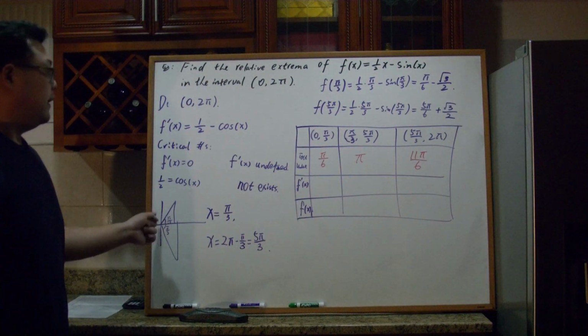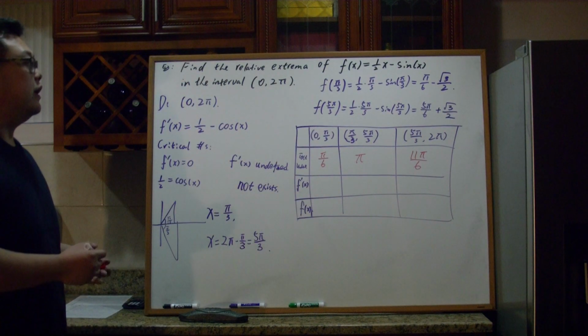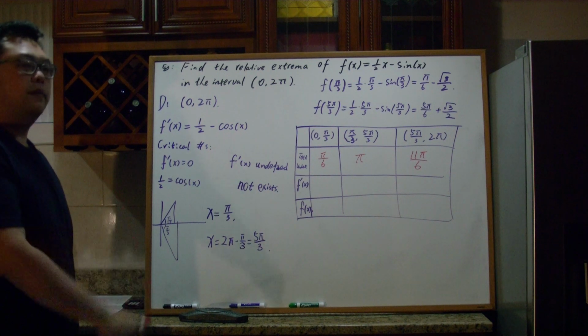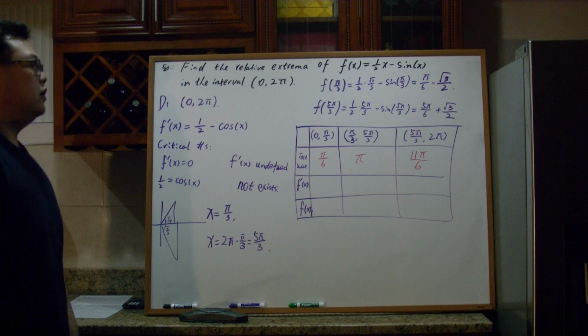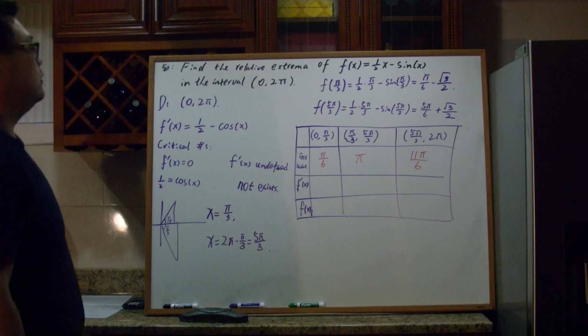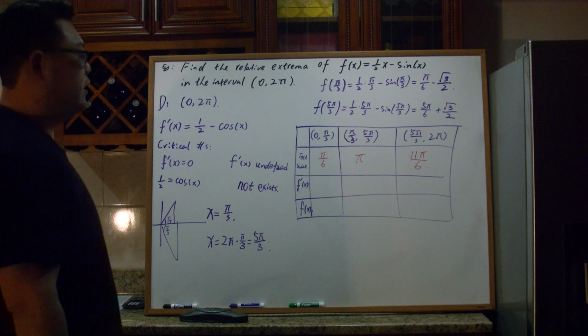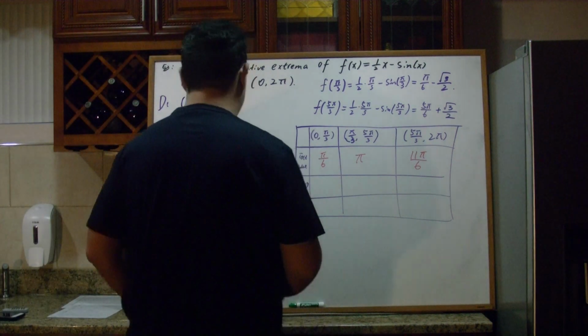The angle value here, if we change to degrees, is 300 degrees, so we use the next special angle, 330, which is 11 pi over 6.